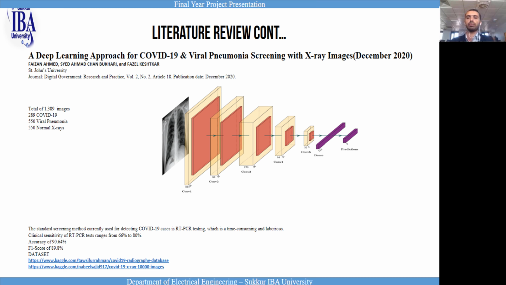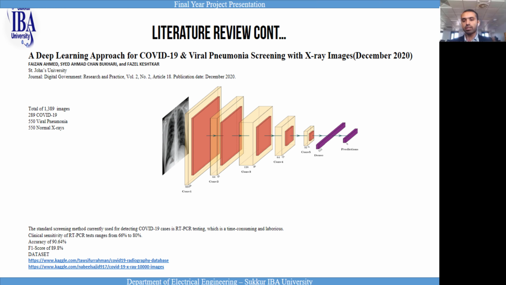Another research paper, a deep learning approach for COVID-19 and viral pneumonia screening with X-ray images. It was published in December 2020, and they have used their own model. They have created it from scratch, and their model consists of 5 convolutional layers.